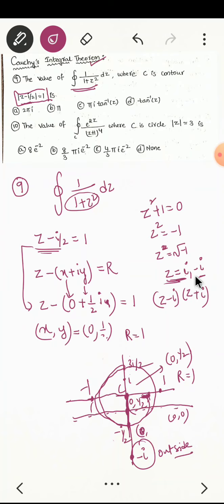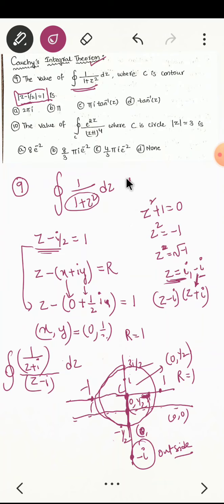Because z equal to minus i is outside the contour, send this thing to the numerator. So I can write 1 by z plus i divided by z minus i, into dz. Now this is f of z by z minus a dz. This is converted to that form. Why am I keeping this down?